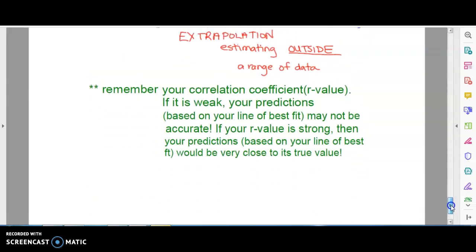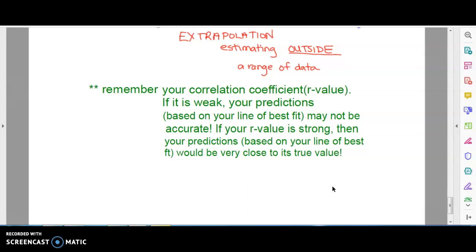Okay. Last bit here, remember your correlation coefficient, the R value, right? That's what tells us how strong or weak our relationship is between the two variables. If the relationship between the two variables is weak, your predictions based on your line of best fit may not be accurate, right?